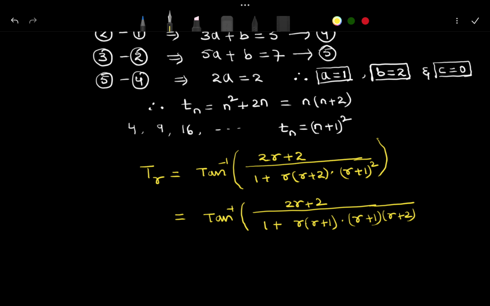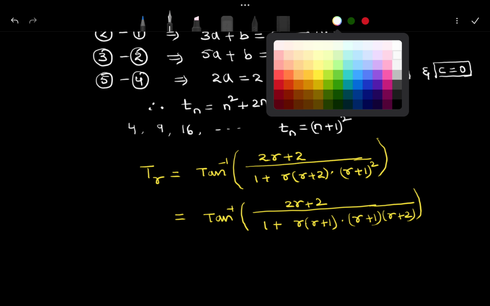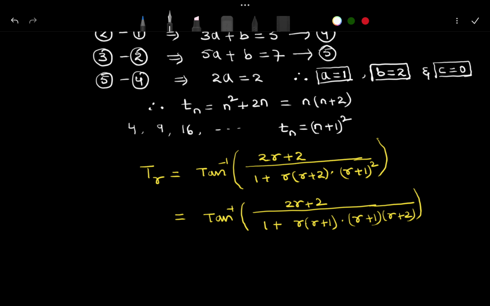Now why are we splitting this value? By taking this one and this one, the product of these two factors is r square plus r. The product of the other two factors is r square plus 3r plus 2.